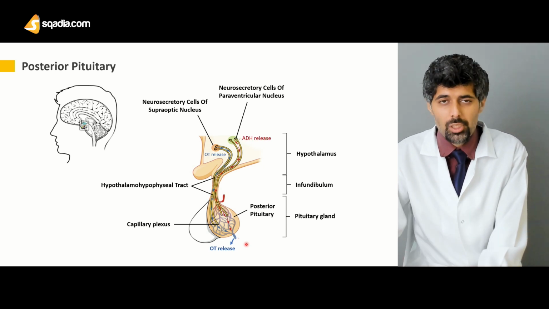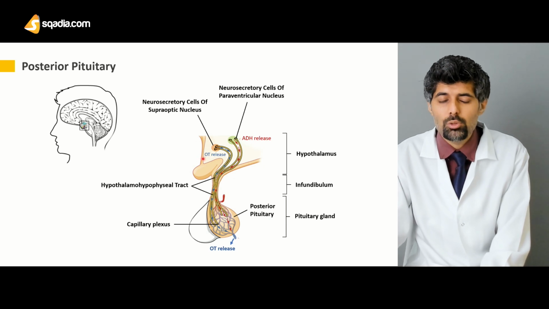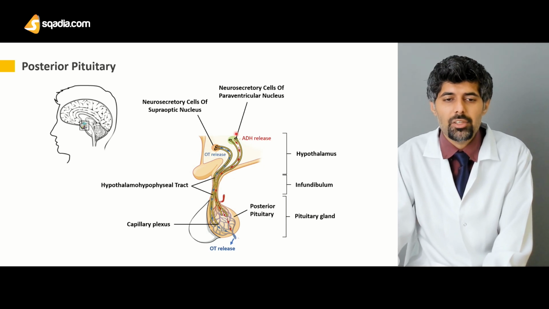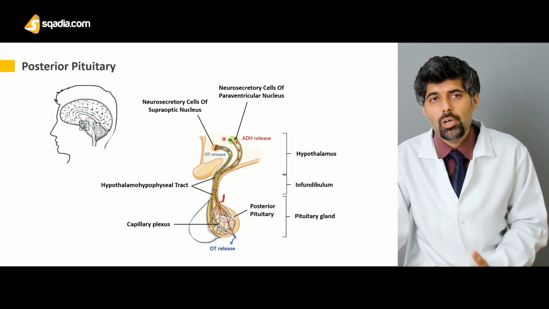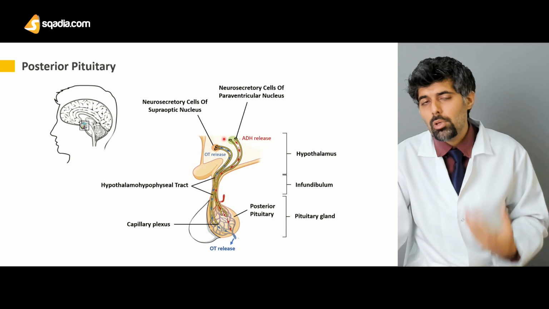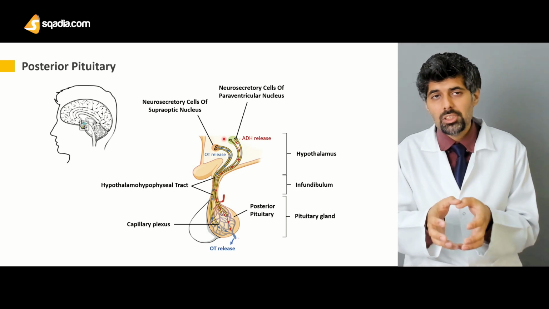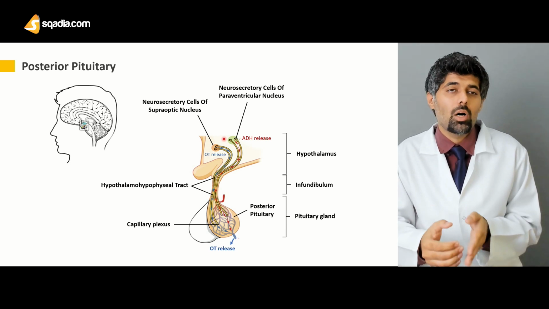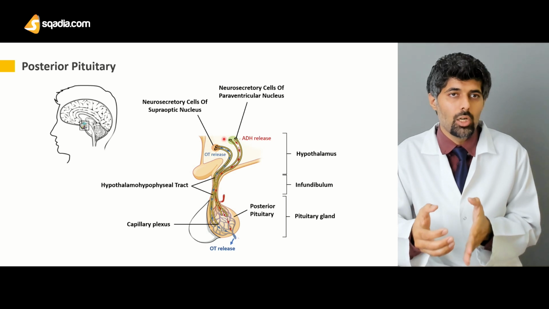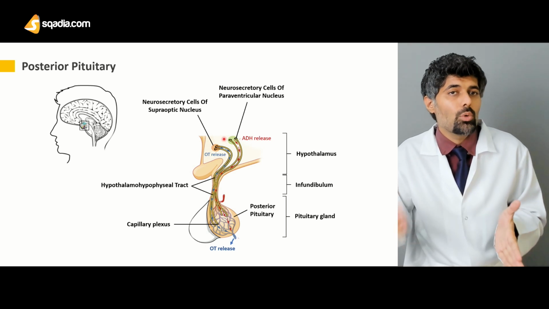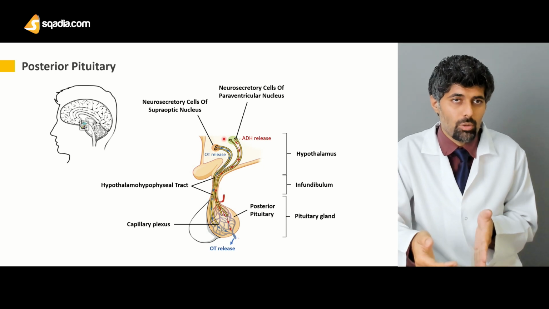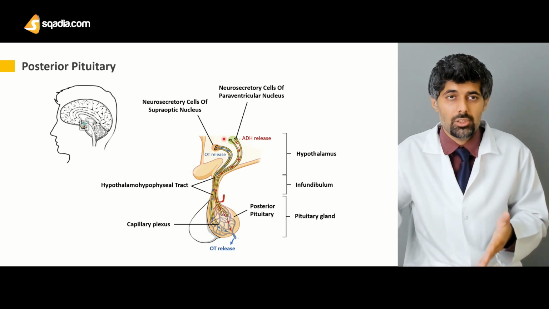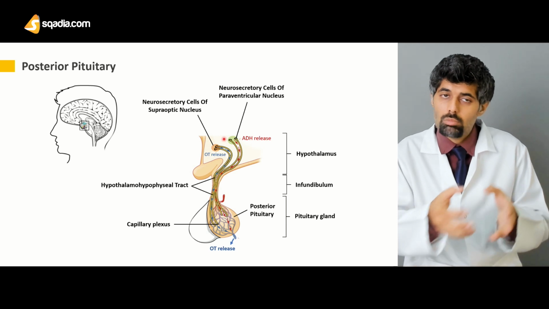To further elaborate, this one produces the oxytocin and this one produces the ADH or the antidiuretic hormone. Diuresis means an increased amount of water in urine, so antidiuretic hormone is the hormone which is against this phenomenon.